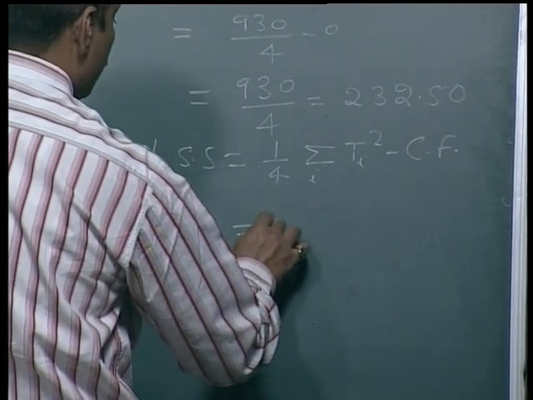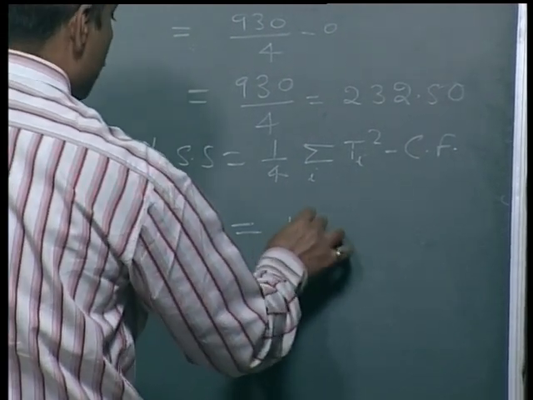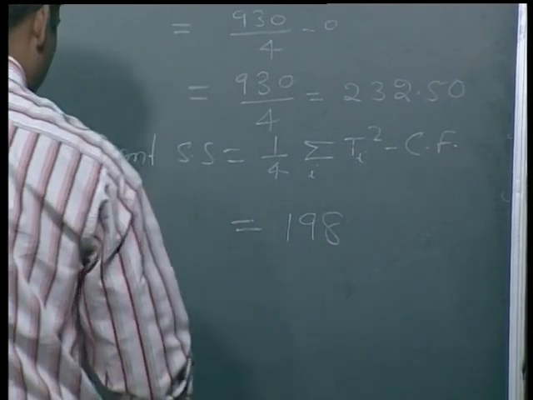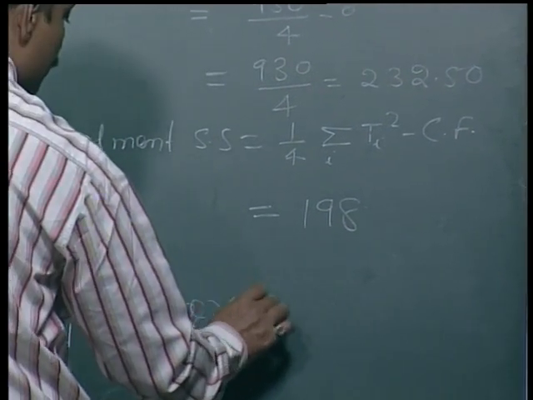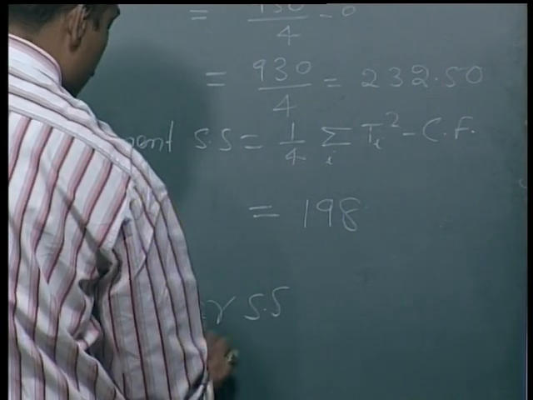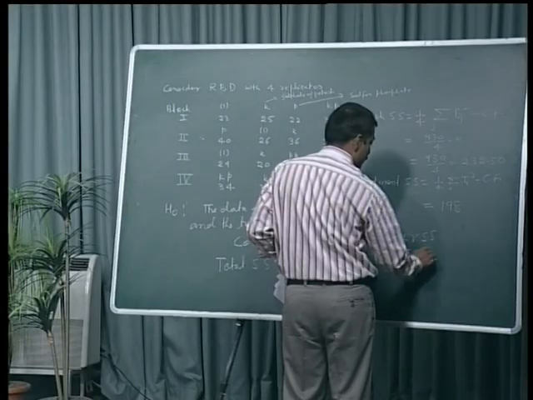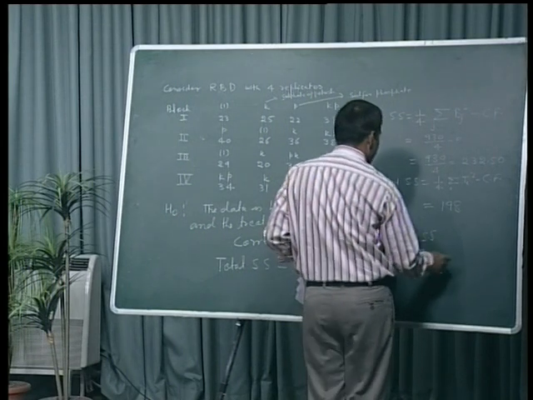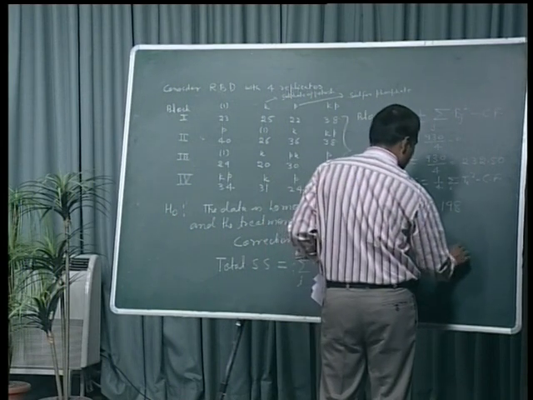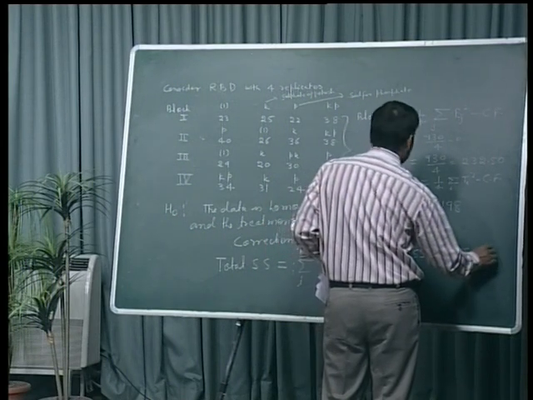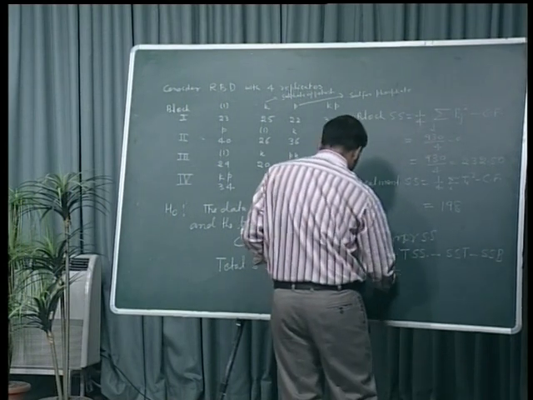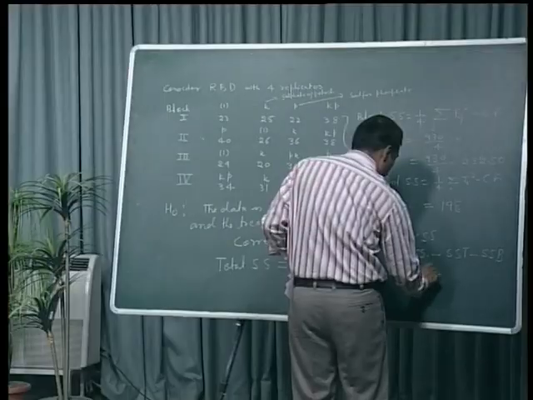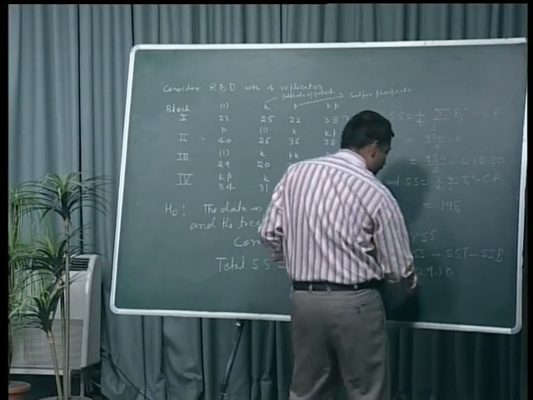It is 198. And the error sum of squares is the total sum of squares minus the treatment sum of squares and the sum of squares due to blocks, and that will be 229.50.